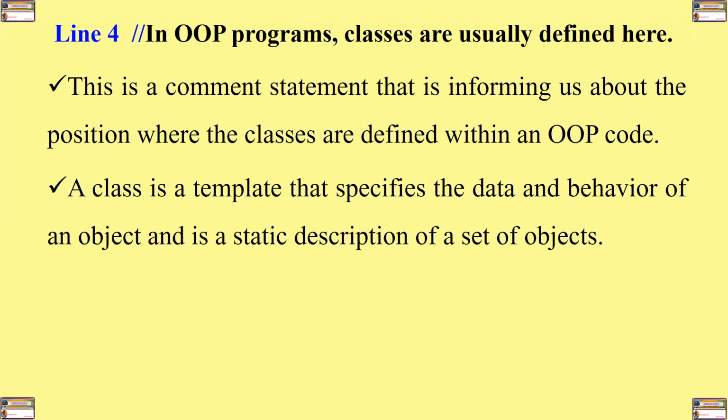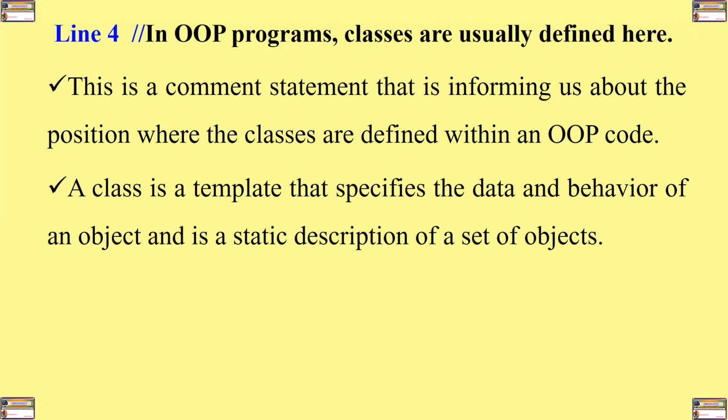A class is a template that specifies the data and behavior of an object and is a static description of a set of objects. In my subsequent presentations in this series, we are going to see how we make use of classes. And I will also explain classes further in the same way that I explained them in the previous tutorials in this series.